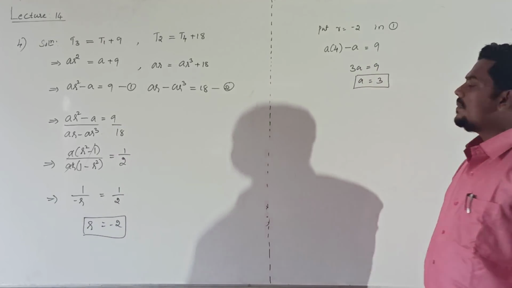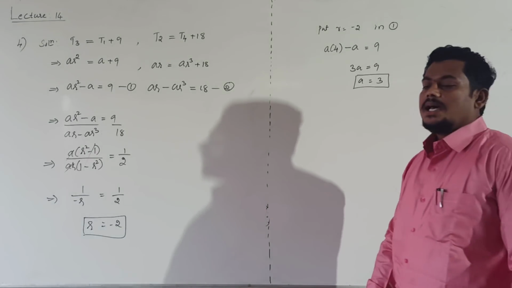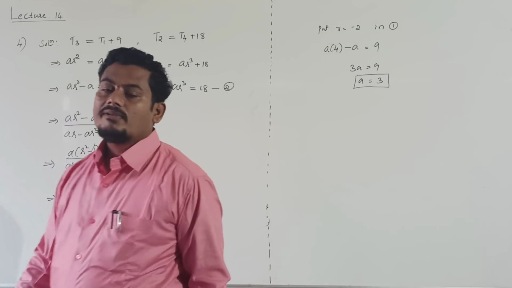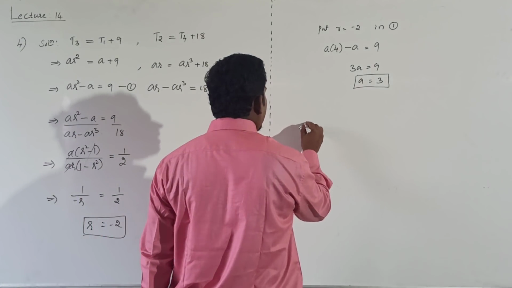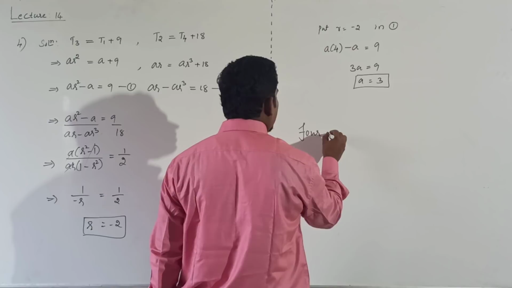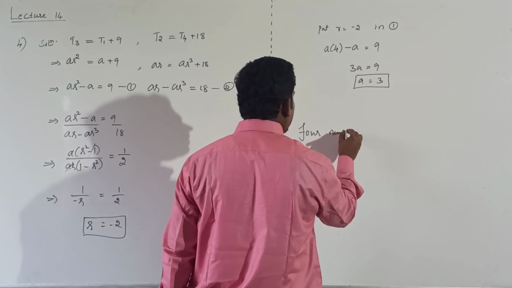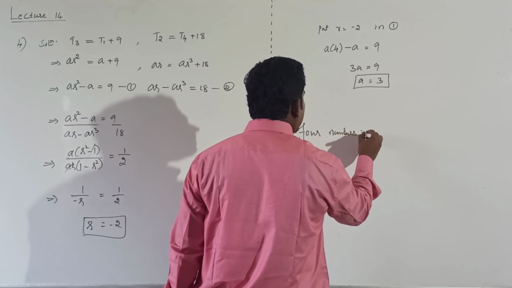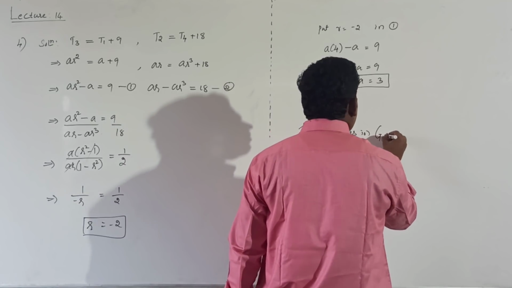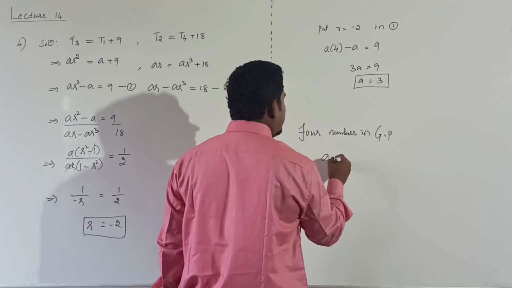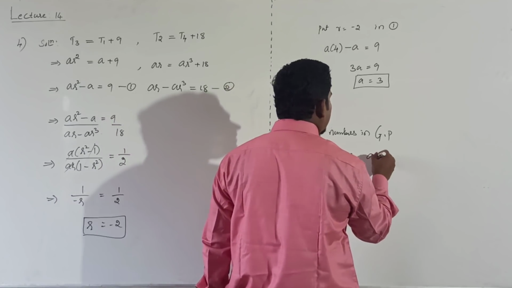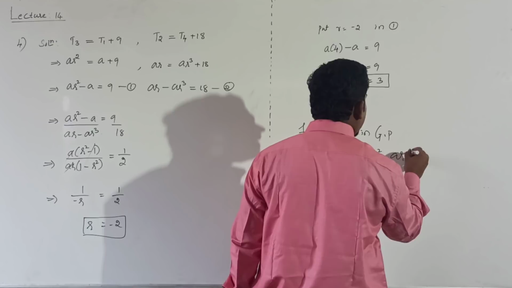After getting the a value and r value, write the 4 numbers. What are those numbers? Four numbers in GP: a, ar, ar square and ar cube.